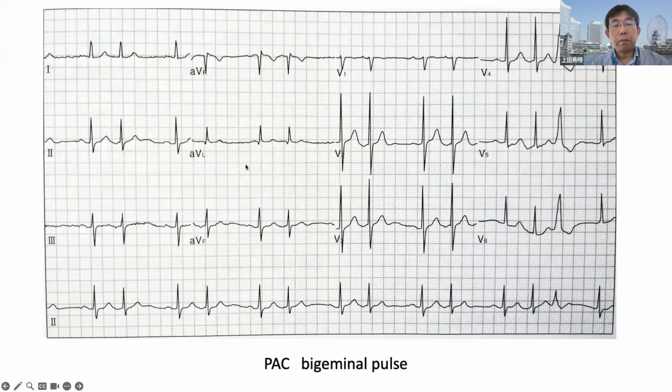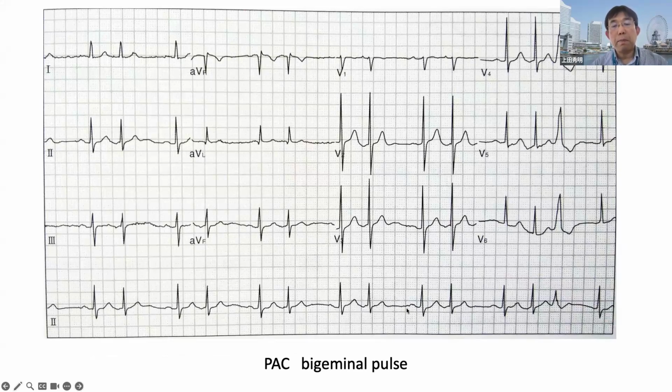Over here, you can see this is the normal P wave, but a very short interval here, PAC, and the normal pattern of the QRS. But the abnormal PAC here is something like a bigeminal pulse.